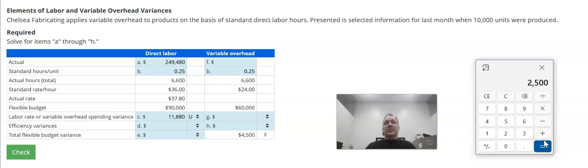This would be our standard hours. Now, we had to calculate that. They didn't give us that information, but we have everything we need. We have the units and then how much time it takes to make a unit. So this is what we expected to have happen, but that's not what happened, is it? It was 6,600. So we take the 6,600 that happened minus the 2,500 that we expected, and that gives us 4,100. And what we're going to multiply that by is the budgeted amount right here of $36. So this is going to produce a big, big number.